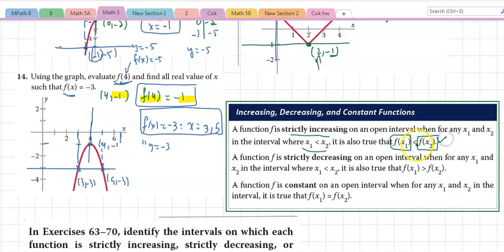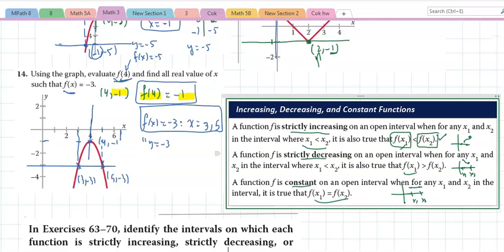The second y is bigger than the previous y, meaning if you take any two x's, the second y is above, that's increasing. Decreasing, the other way around. If you pick two x's in which this x is bigger than this x, then the first y is bigger than the second y, then you're going down. And constant, meaning you're not increasing nor decreasing, if you pick two x's and the y's are literally the same.